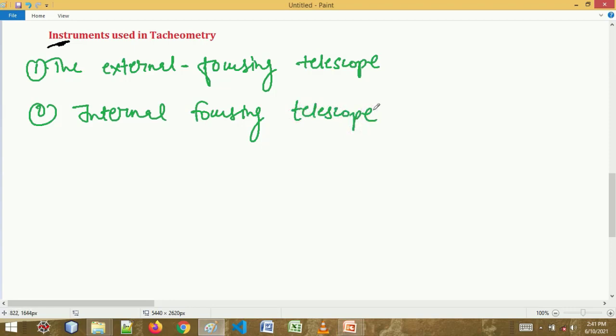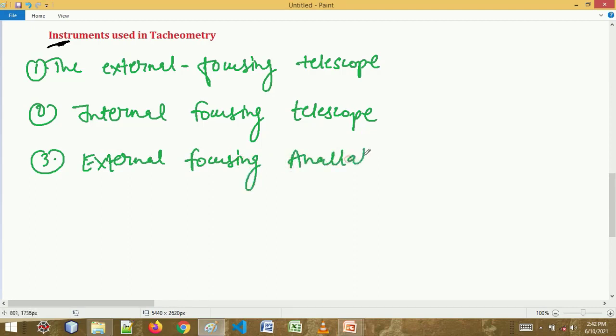And the third one, which is the most important, is the external focusing analytic telescope, that is, the telescope which is fitted with an analytic lens.